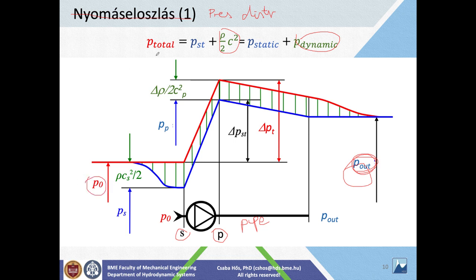So let's have a look first at the total pressure. So don't forget that total pressure is nothing else but energy. Energy of 1 cubic meter of gas. So if you have losses, then total pressure decreases. If you have a machine that's putting specific energy into the gas, then total pressure will increase.